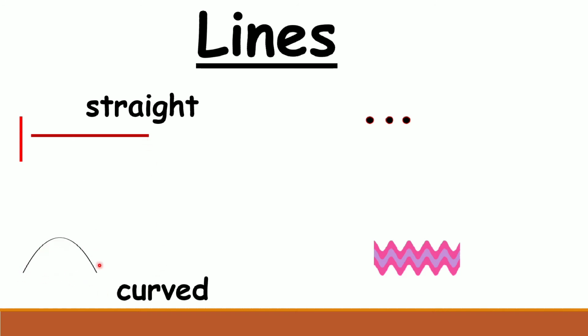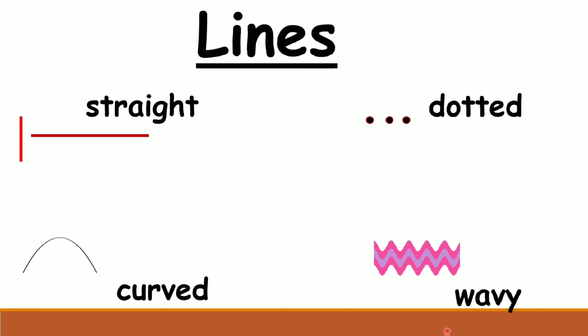This is a curved line. As you can see, it's got some kind of a bend in the middle. It's curved like an arc. And then we have what is called our dotted line.